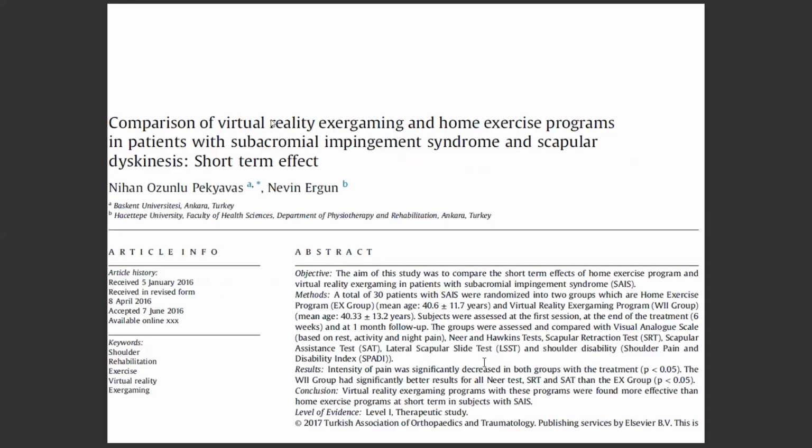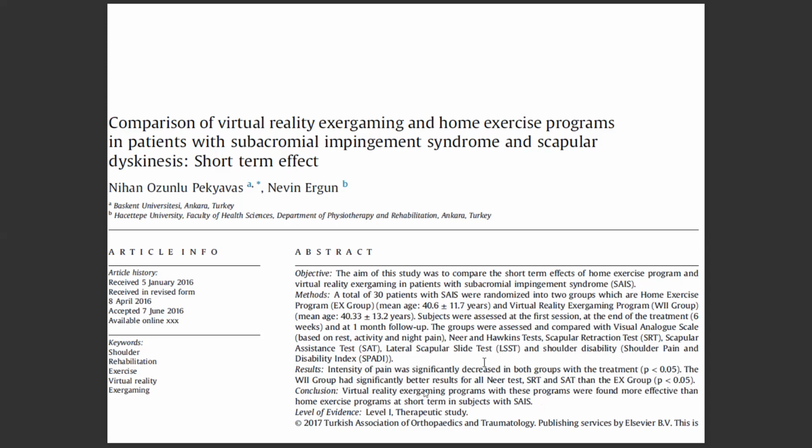This is another study on virtual reality, exergaming and home exercise program in patients with subacromial impingement syndrome and scapular dyskinesis. So both these conditions, scapular dyskinesis and subacromial impingement syndrome, are the target. The conclusion was that virtual reality exergaming programs were found more effective than home exercise programs in the short term in subjects with subacromial impingement syndrome.